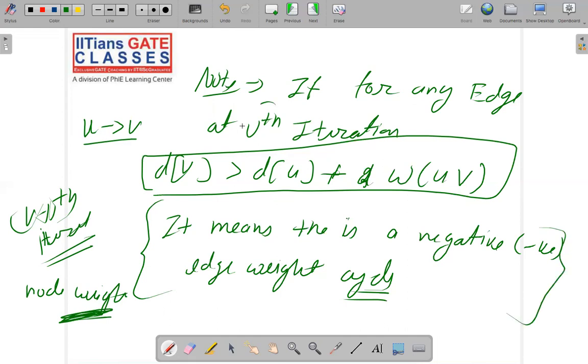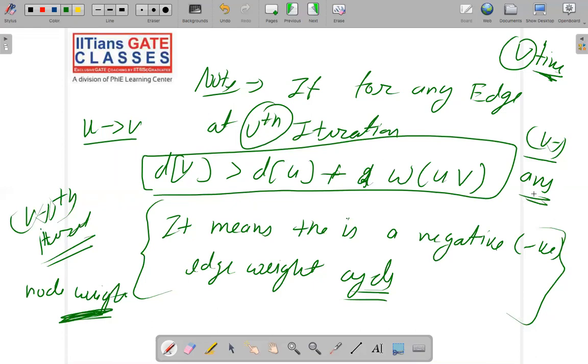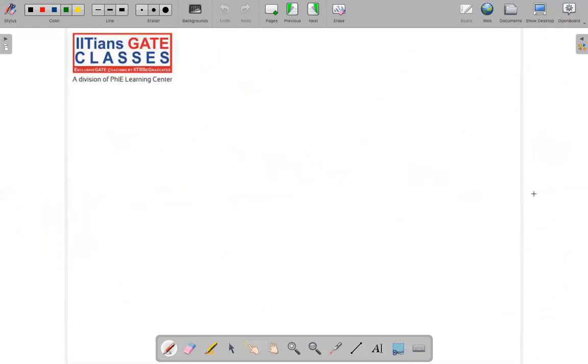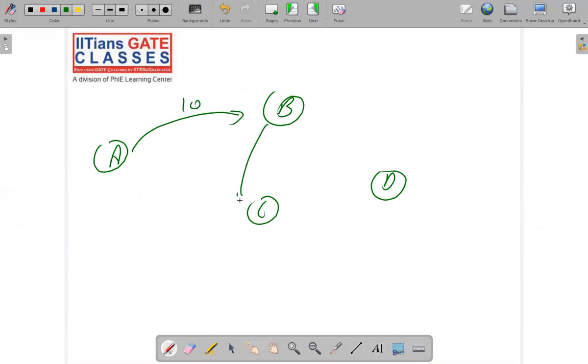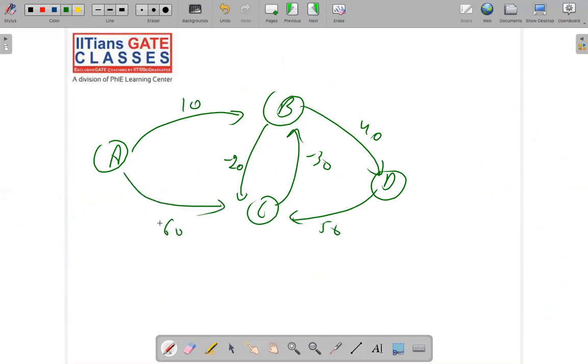So in the vth iteration, that's why you are going to repeat it for v times, not v minus 1 times. So v minus 1 iterations will give you the answer if there is no negative edge weight cycle, as we have seen here in the example, that if you have something like this: 10, minus 20, minus 30, 40, 50 and 20 here also.